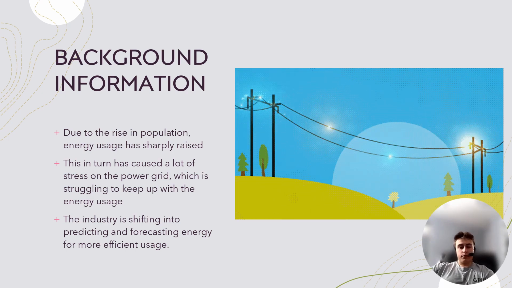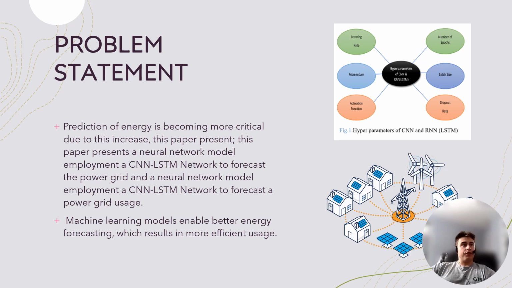Next slide. So the problem statement, as I said, prediction of the energy is becoming more critical. Due to this increase, this paper presents a neural network model coupled with the CNN and LSTM network to forecast the power grid usage.